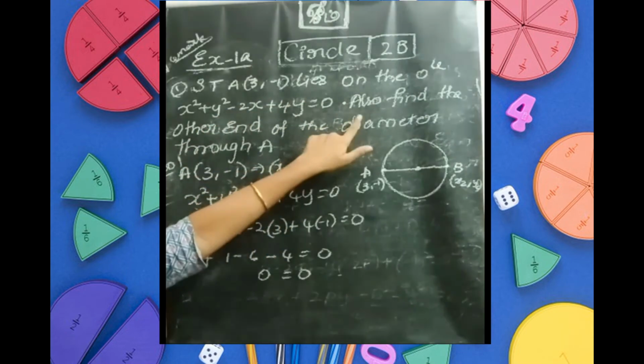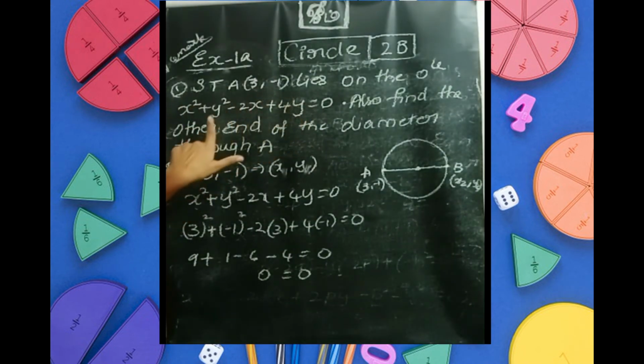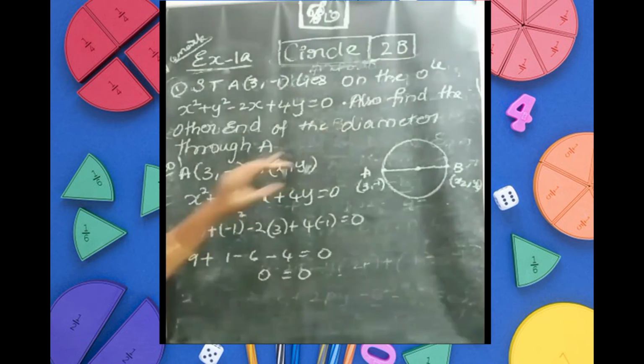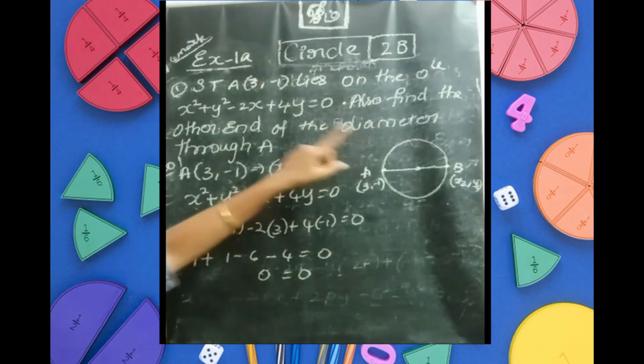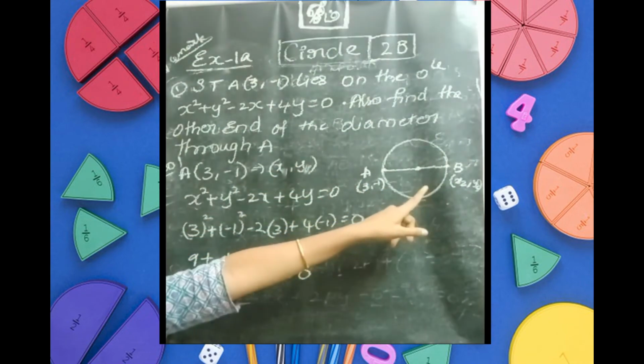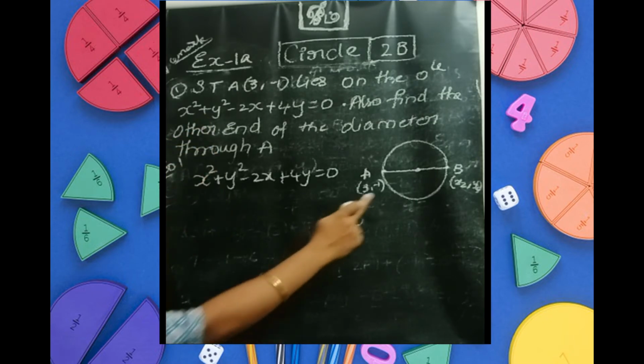Next, they have given two questions: show that the point lies on the circle, which we have proved in the first part, and also find the other end. Okay, they have given one equation, right? From this equation we can easily find the center.